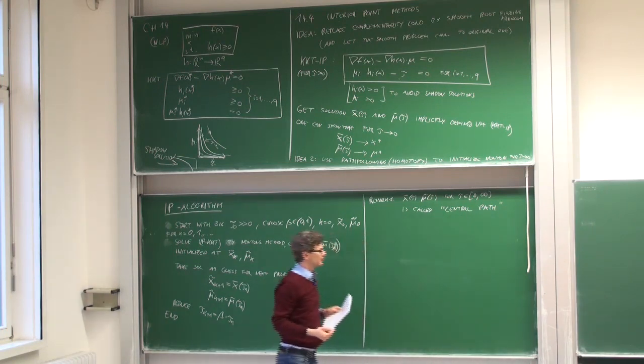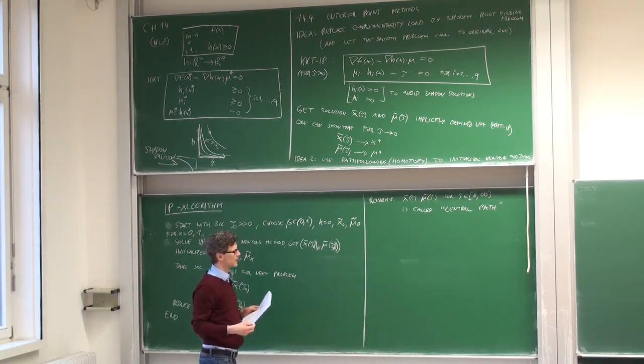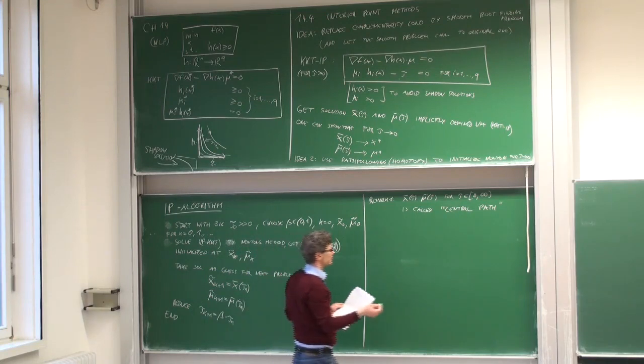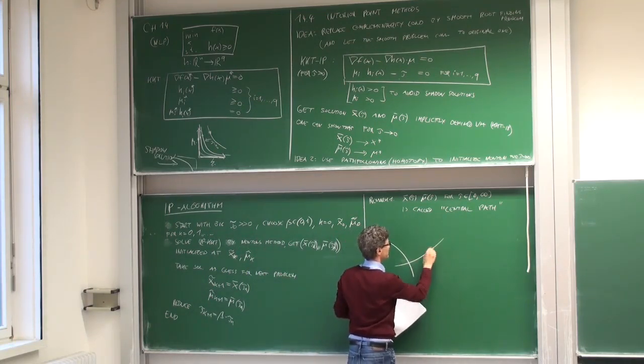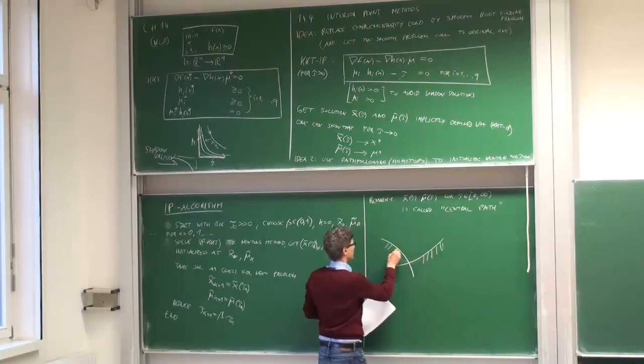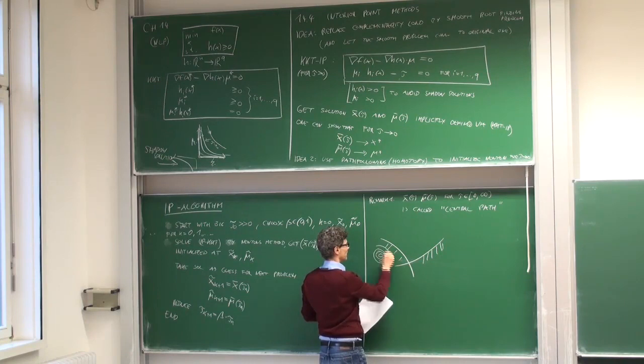And if you want to visualize this central path for a problem like the one that we had before, for example this one, here are the inequalities. Here's this objective, sorry.